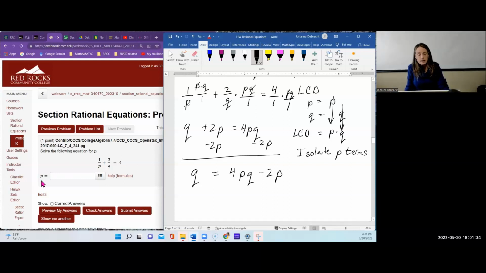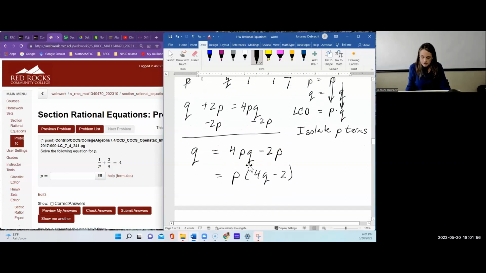I'm trying to isolate P, so the next thing I want to do is factor out the factor P. I don't need the greatest common factor because I'm only looking for the P. This gives me, on the right side, P times 4Q minus 2. Notice I didn't take out the 2, which was also a common factor.